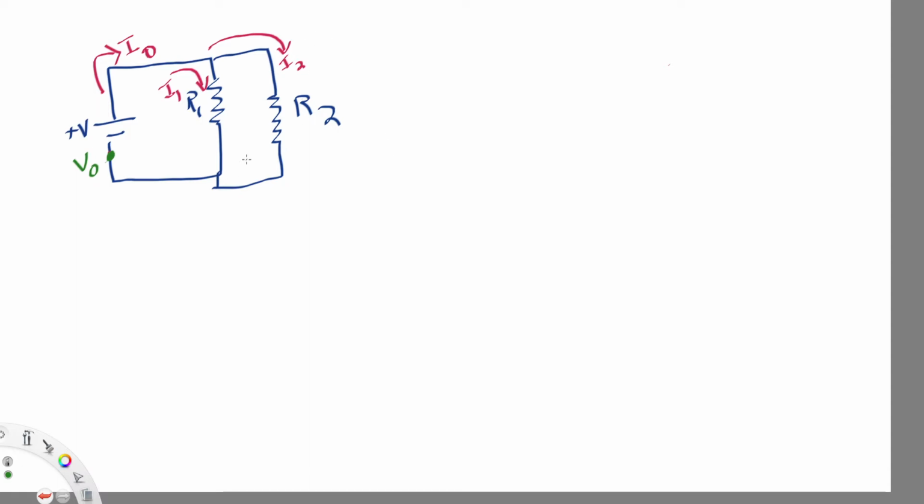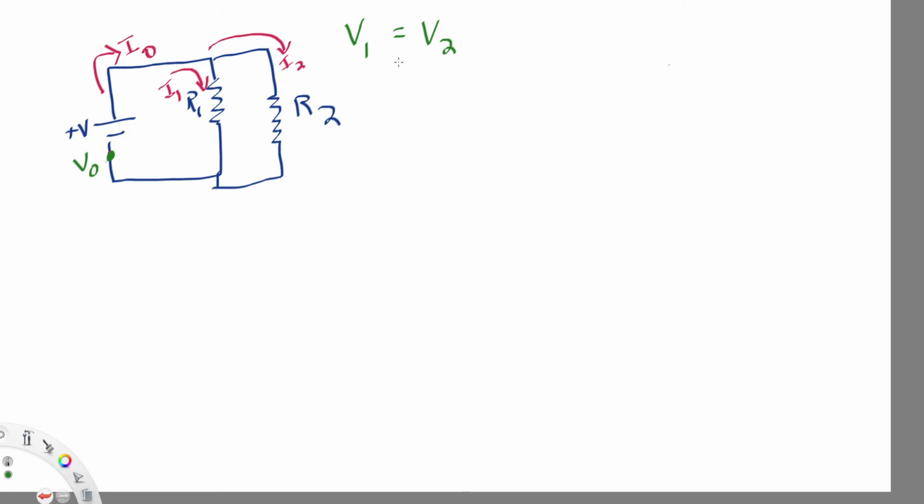What that tells us is the only way that can be true is if the voltage that we lose going over resistor 1 is equal to the voltage we lose going over resistor 2. Right? So in the series case, it was the current that was the same, but you could lose different amounts of voltage.